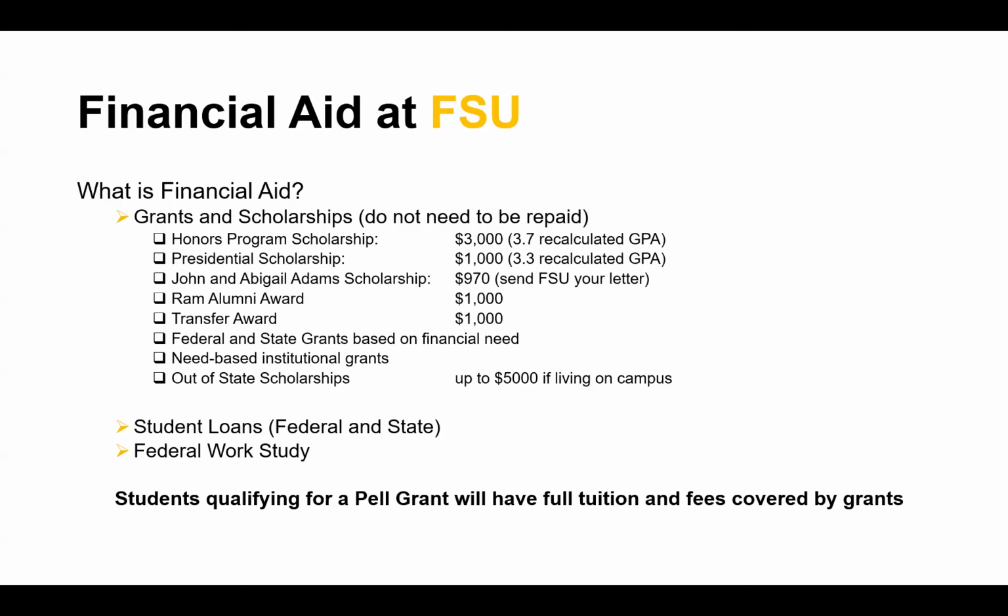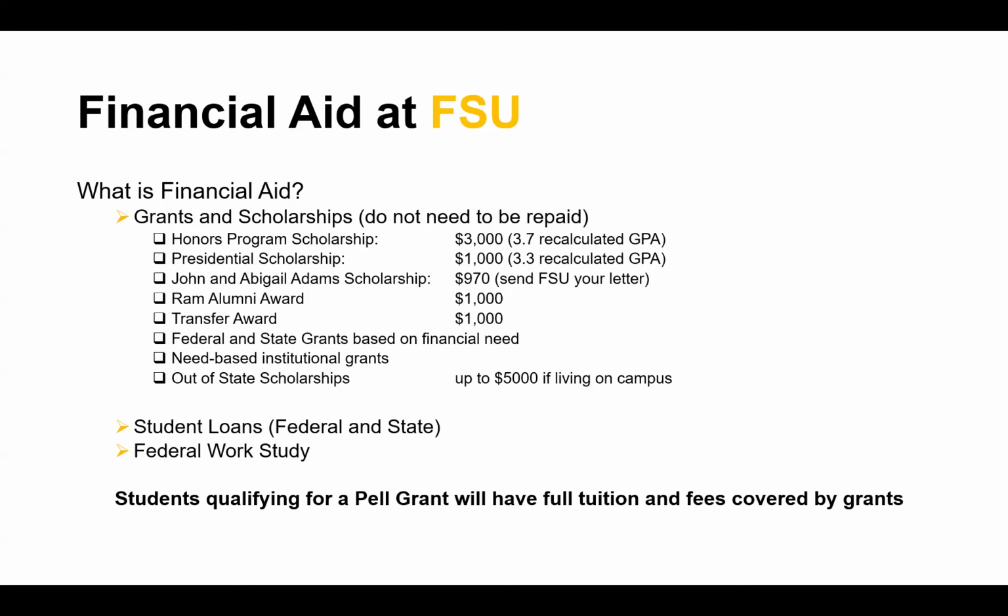For needy students. We also have a Supplemental Educational Opportunity Grant, and then there are many state grant programs based on financial need, such as MASSGrant Plus, various tuition waivers.